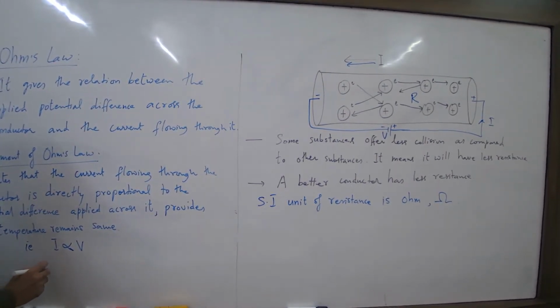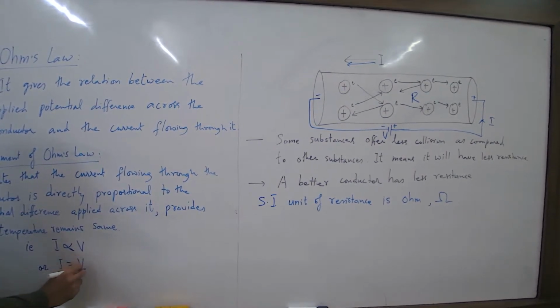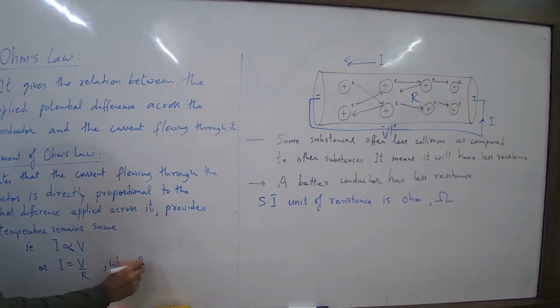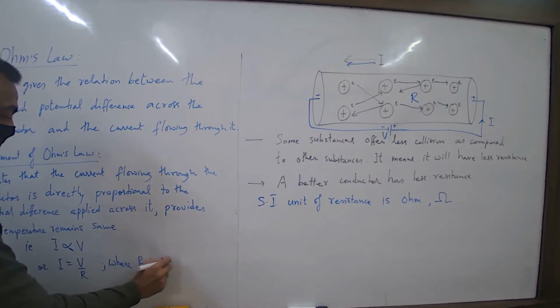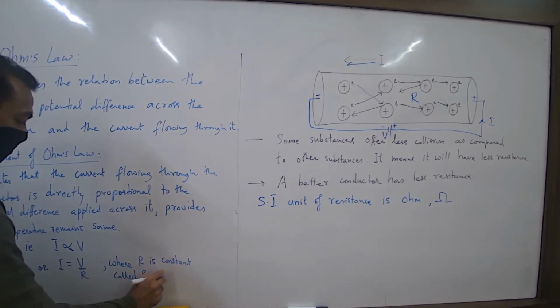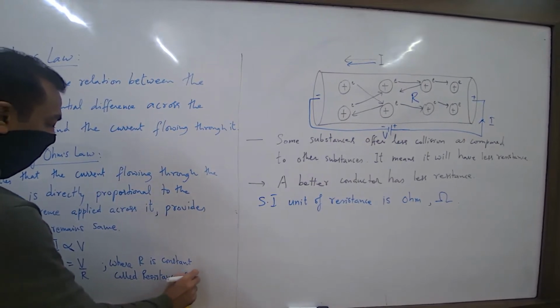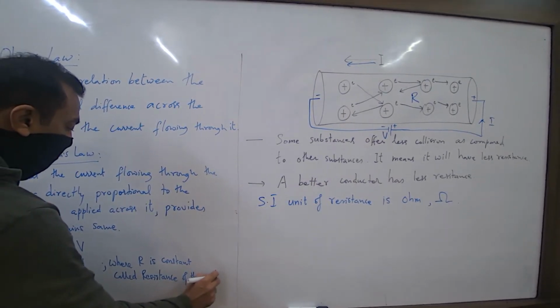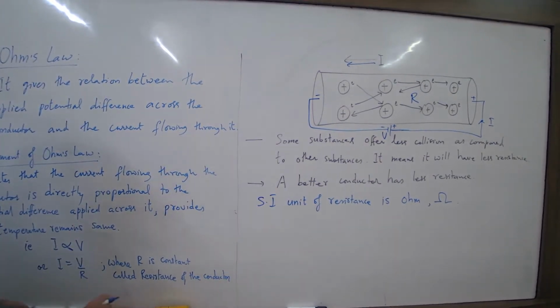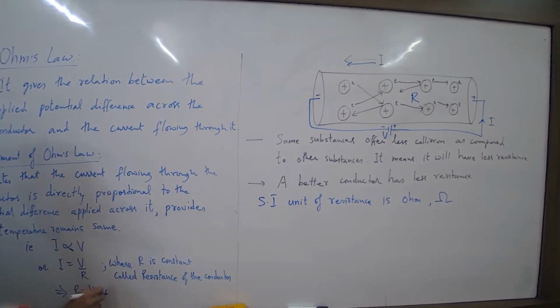Or I is equal to V by R, where R is constant, the resistance of the conductor. So how do we write? Therefore, R is equal to V by I, and this is constant.